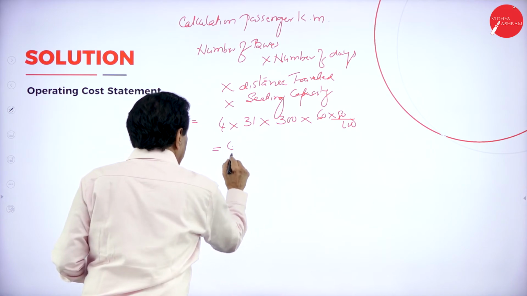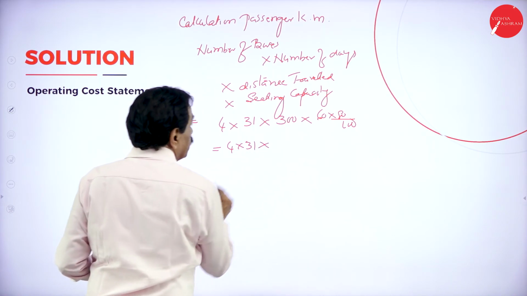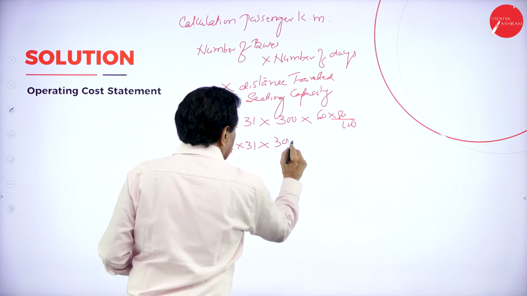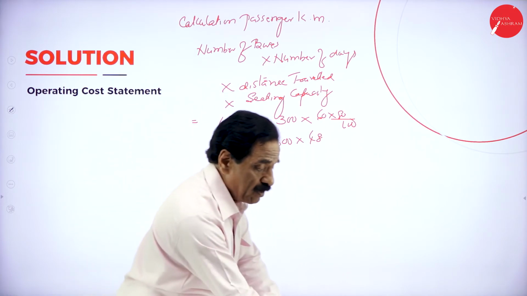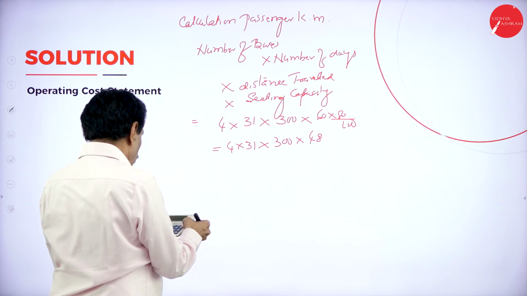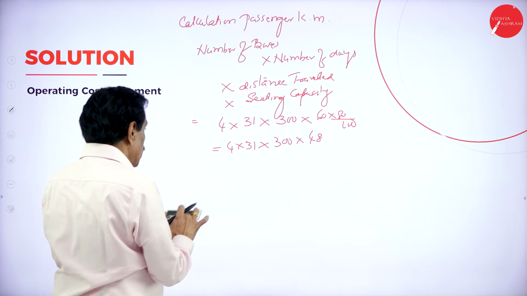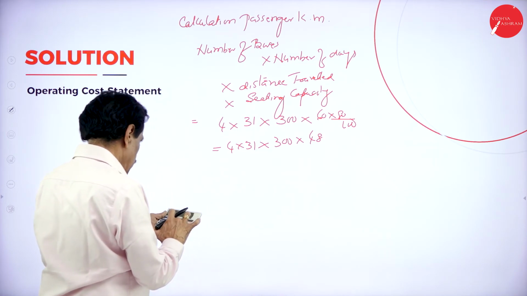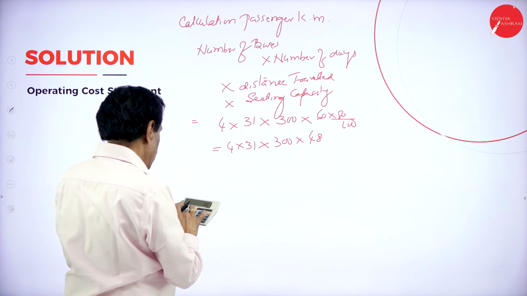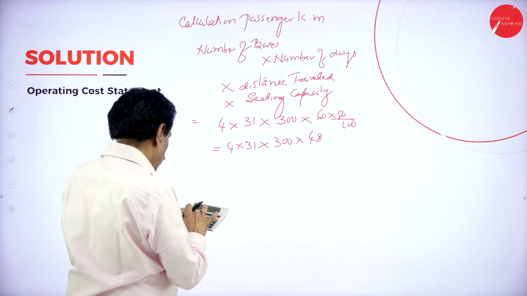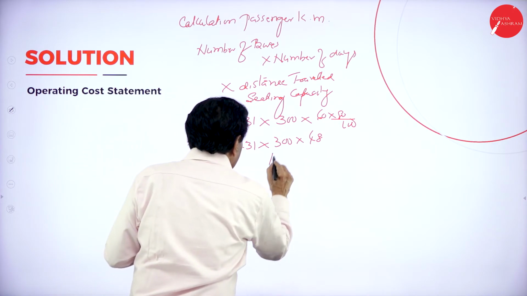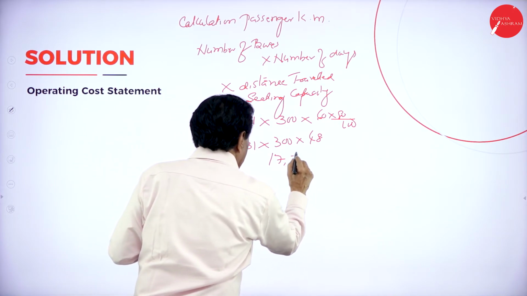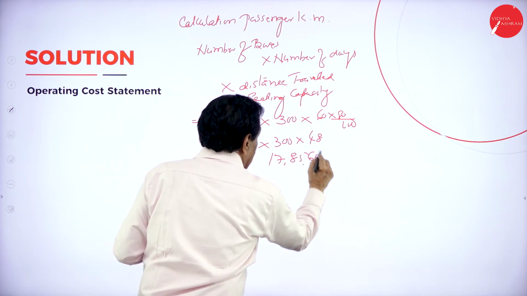This is 4 into 31 into 300 into 48. How much will come? 4 into 31 into 300 into 48 is 17,85,600.